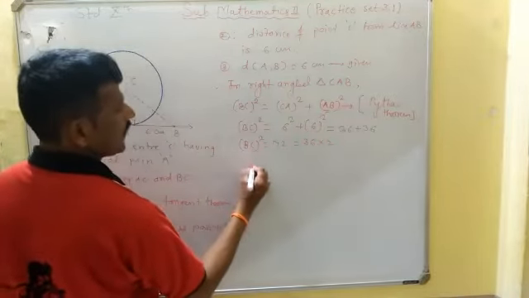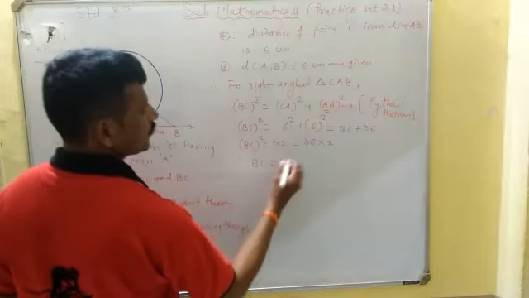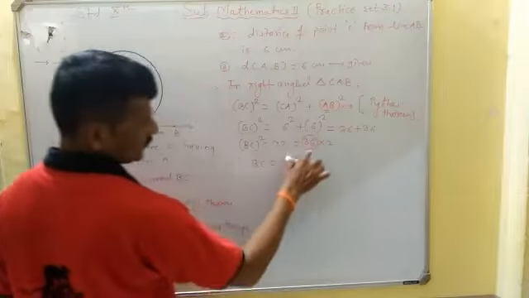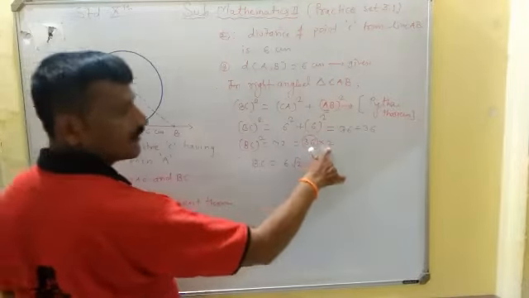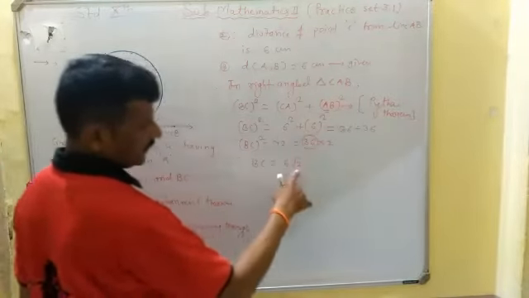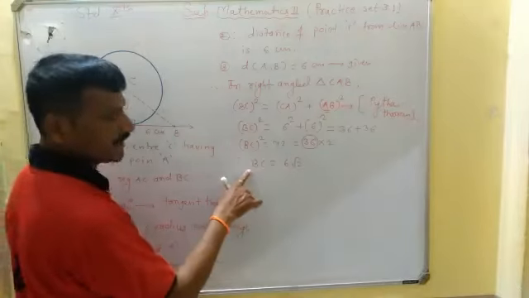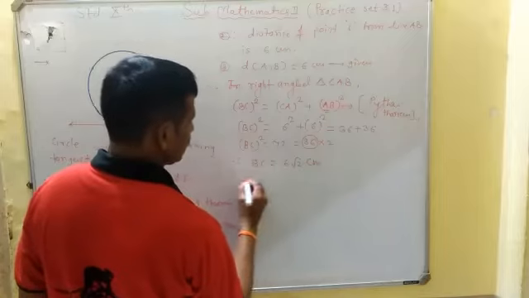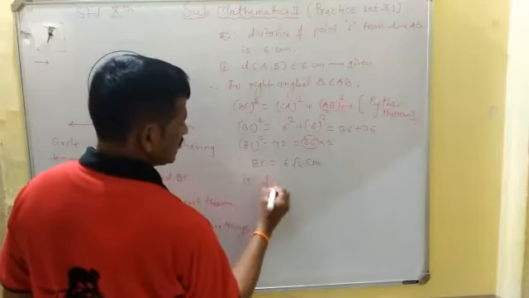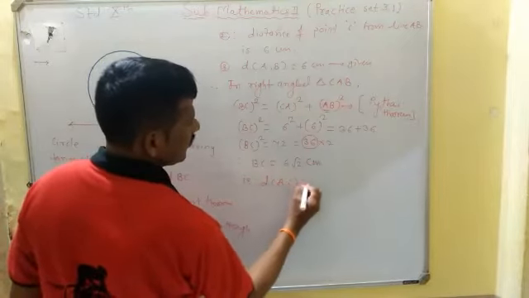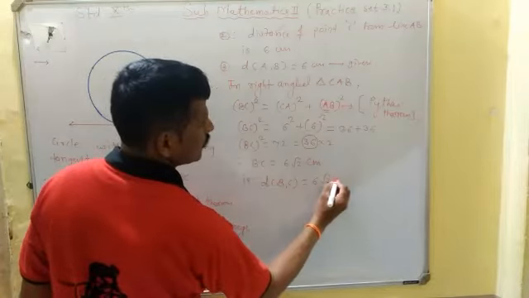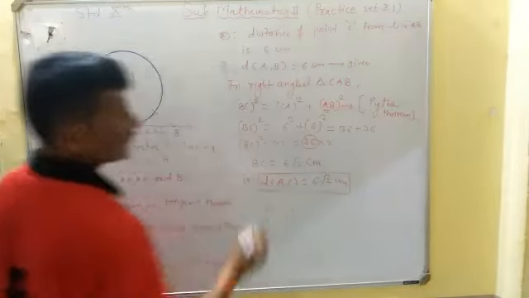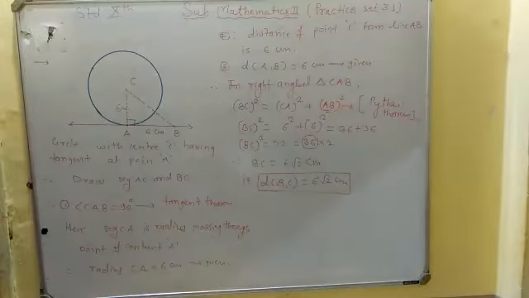Taking square root on both sides, we get BC is equal to 6 under root 2. 6 is a perfect square, hence its square root is 6, and 2 is a non-perfect square, kept as it is. Therefore, distance BC is equal to 6 under root 2 centimeter.